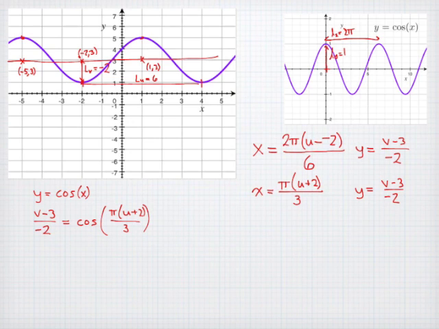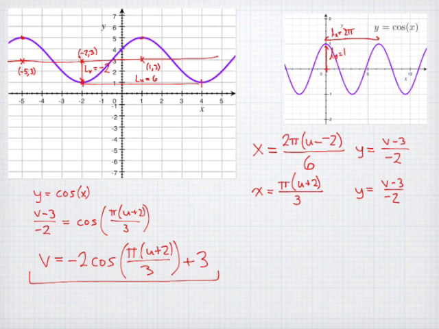That's the equation of our new graph. Of course, we want it solved for our v variable, so we're going to multiply by -2, keep our x coordinates as is, and we need to add 3 to solve for our v variable. In our transformed coordinates u and v, we have the equation of our graph.